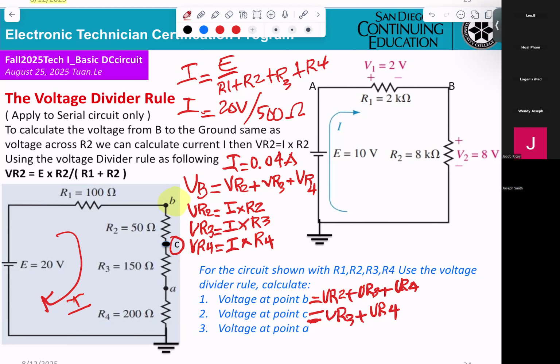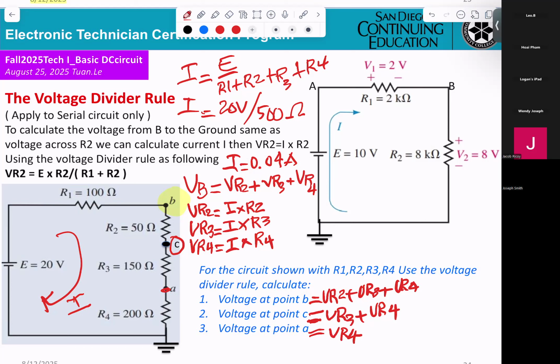And for point A, VA equals VR4. Okay. So that will calculate everything you need.